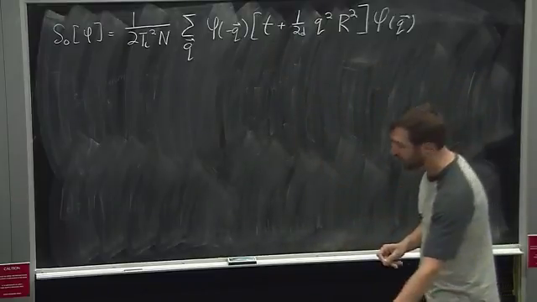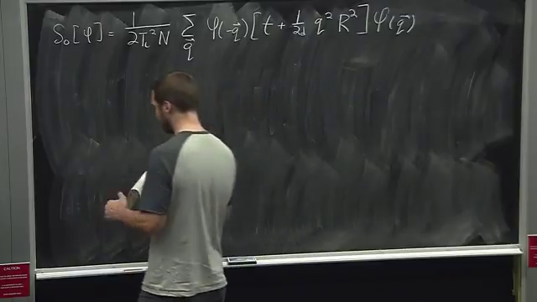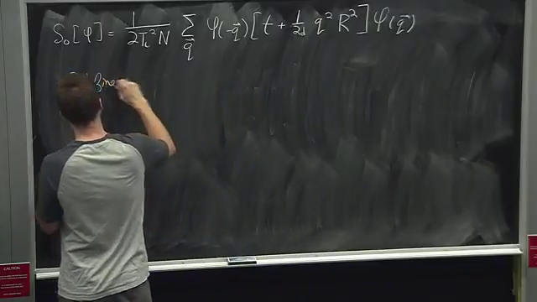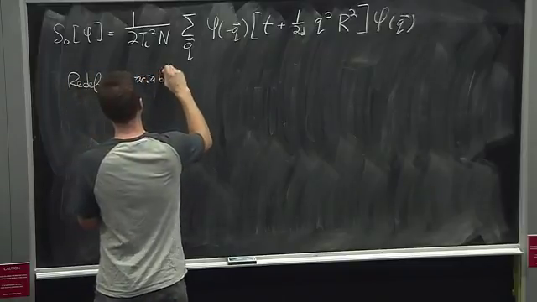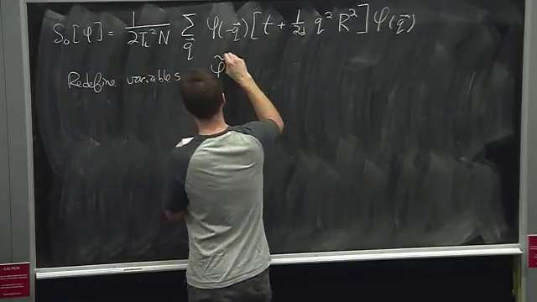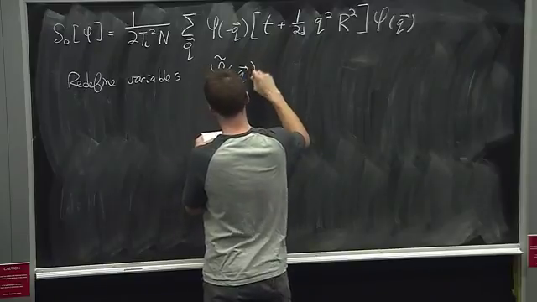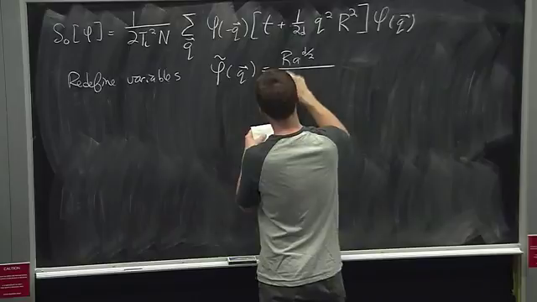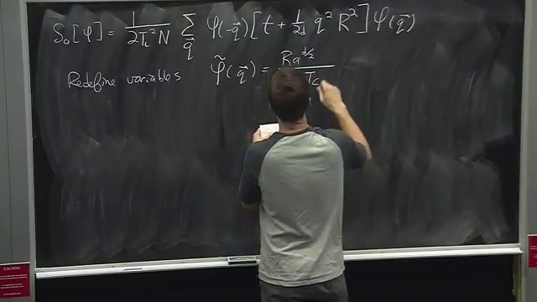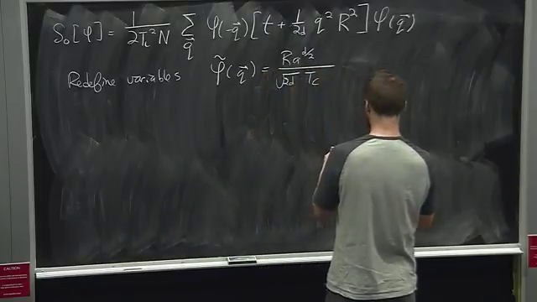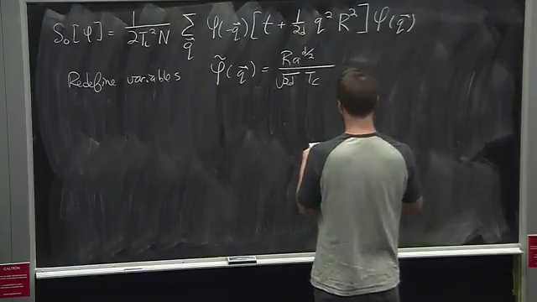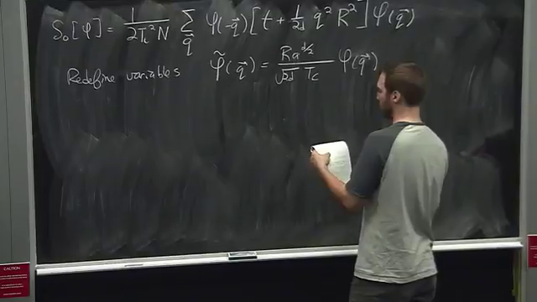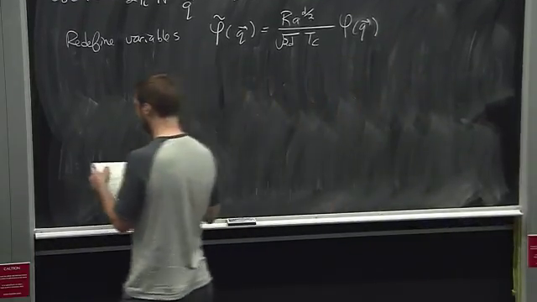So let's just redefine variables. I'll call it phi tilde. It's a new field, which lets me rewrite the action in terms of phi tilde.